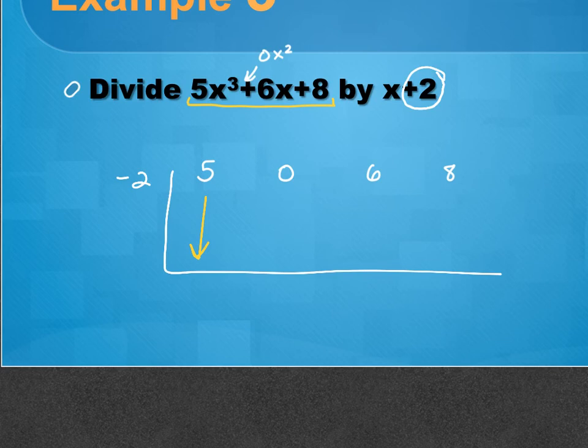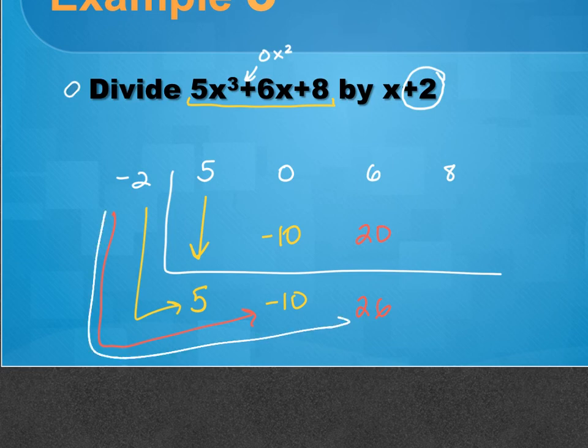I bring down the first term, multiply this, put it in the next column, add them, multiply it, put it in the next column, add them, multiply it, put it in the next column, add them.